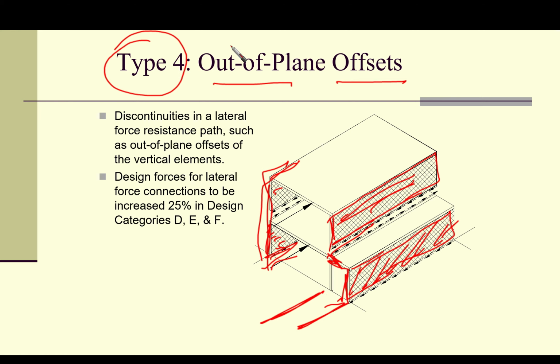This is what we call out of plane offset. Discontinuities in a lateral force resisting path, because here, look, the force is moving. Whenever we are talking about structural systems under earthquakes, we are highly concerned with the smooth transition of the load path from one story to another.